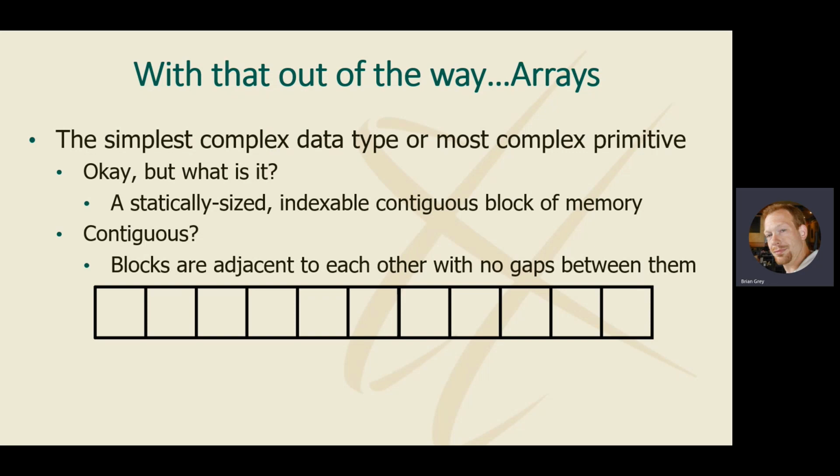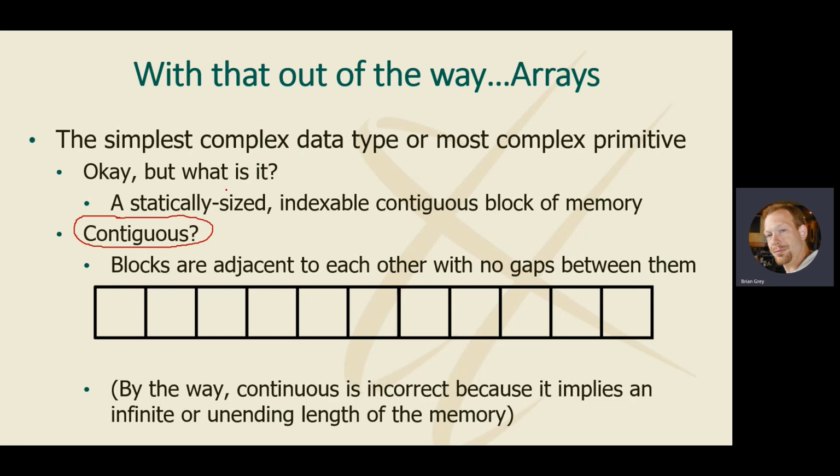You've probably heard the word contiguous before, like the contiguous 48 states, the lower 48 states. They're all next to each other, all adjacent, as opposed to Alaska and Hawaii, which are disconnected. They're not continuous.